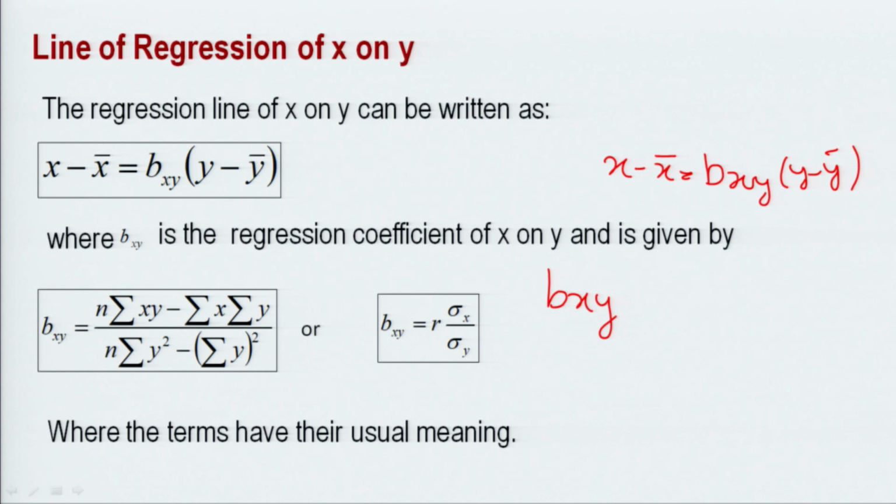The value of bxy can also be written as n summation xy minus summation x summation y upon n summation y square minus summation y whole square, and also can be written as r sigma x upon sigma y. Previously we studied byx is equal to r sigma y upon sigma x for y on x, and for x on y it is sigma x upon sigma y.